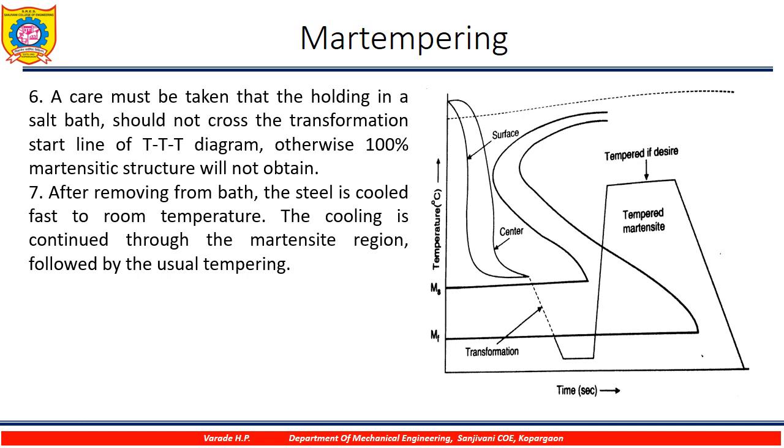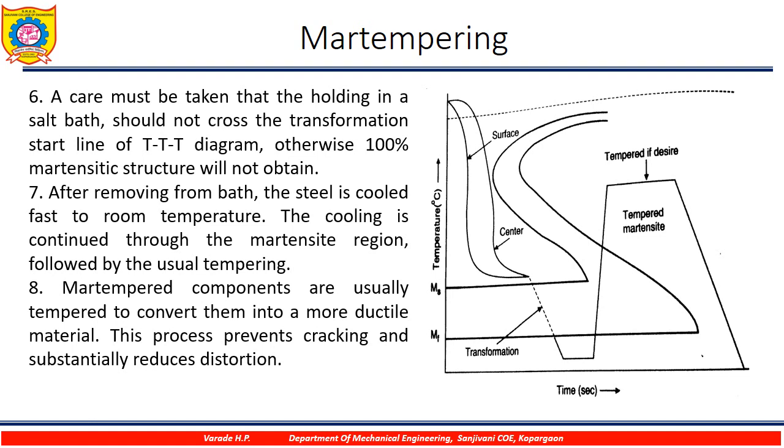The cooling is continued through the martensitic region followed by usual tempering. The components are usually tempered to convert them into a more ductile material. This process prevents cracking and substantially reduces the distortion of steel components.